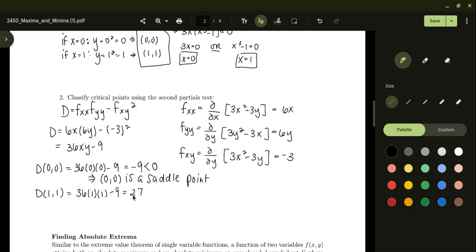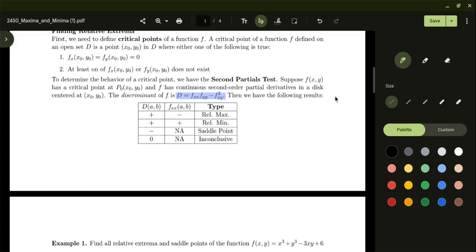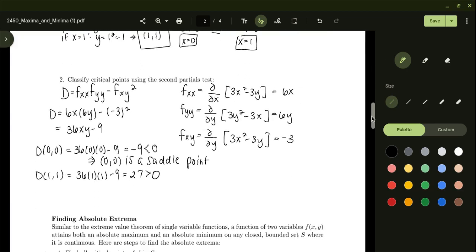And then for 1, 1, I have a positive 27 for my discriminant, so that's greater than 0. Looking at our table, all that does is narrow it down to a relative maximum or a relative minimum there. To determine which, we need f sub x x evaluated at our critical point, and determine the sign. f sub x x we know is 6x.